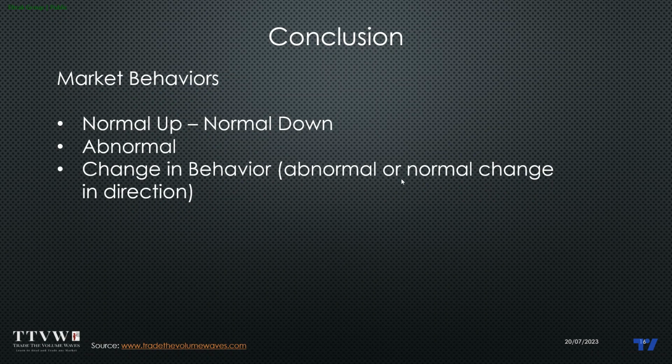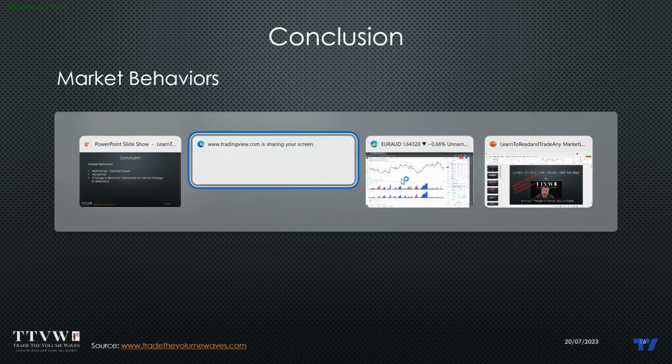So before I close this lesson, which I think should be helpful to you guys, let me read the chart from TradingView and try to identify these situations on a chart right now, live. So let me switch to TradingView.